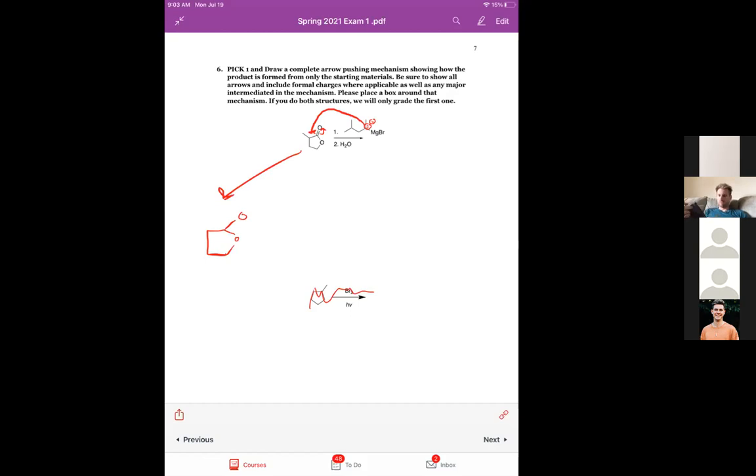I'm only going to give you one mechanism to do, so it won't be doing two of them, because we're only going to do one mechanism. It's going to be from chapter 12. From here, we can kick out this oxygen. This is going to give us back a ketone.